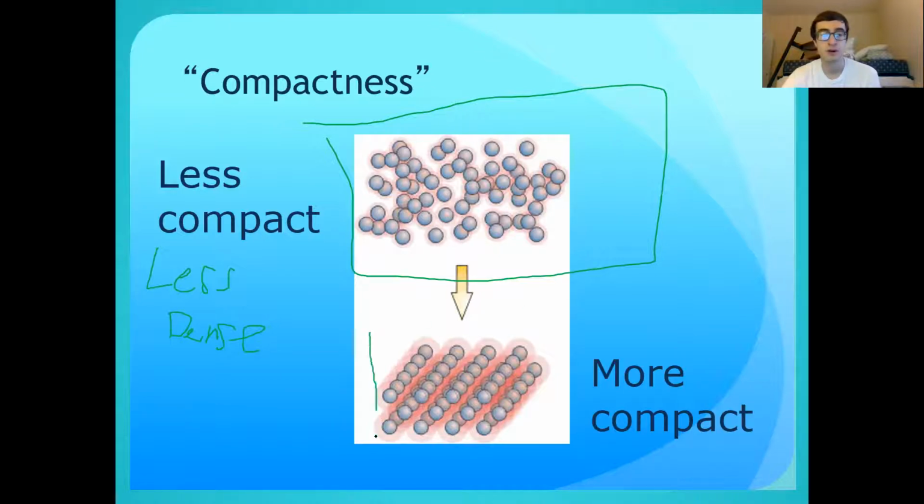Compared to all these particles down here, which are very compact, very close together, not a whole lot of space in between each one. So they would be more compact and also more dense.